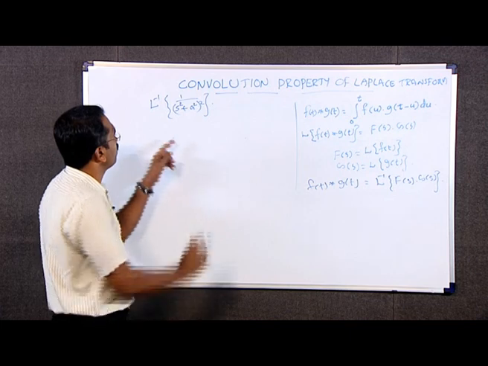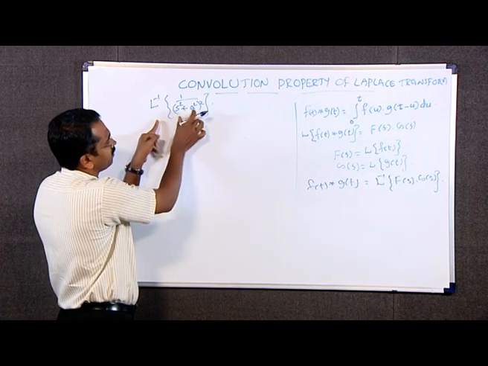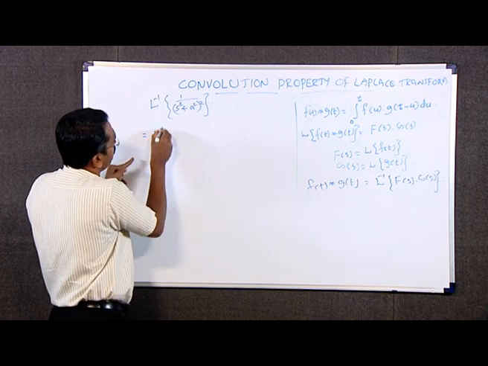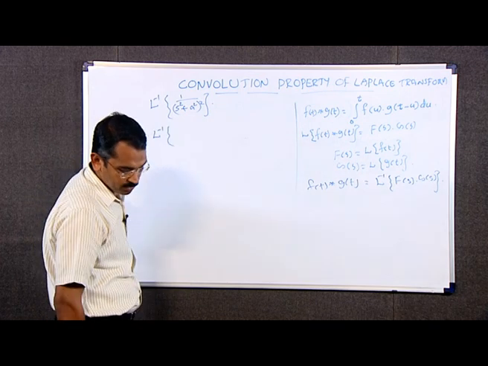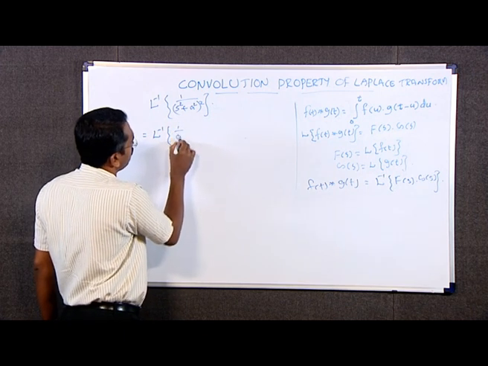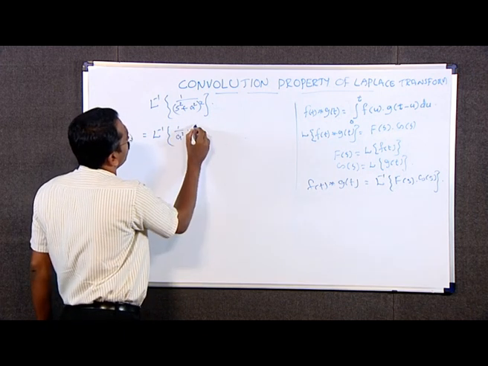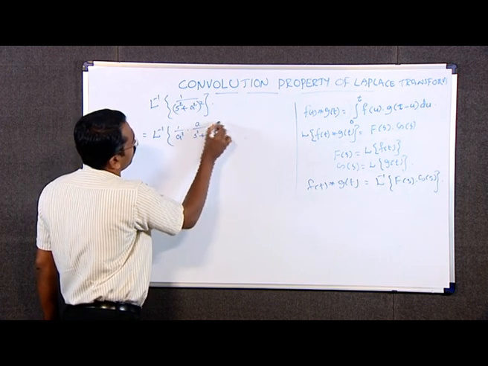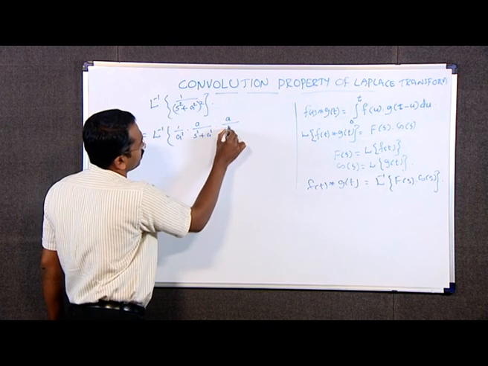Now, we can write this function as L inverse of 1 by a square into a by s square plus a square into a by s square plus a square.